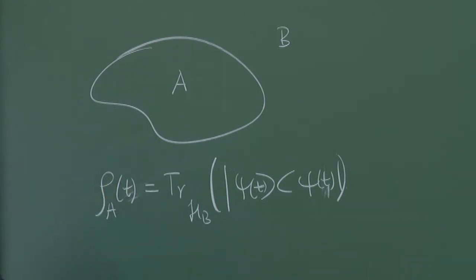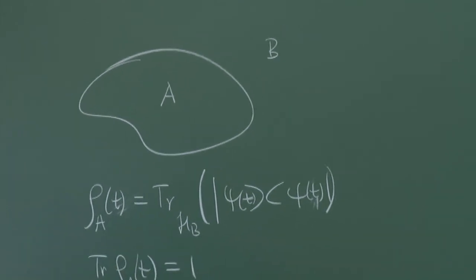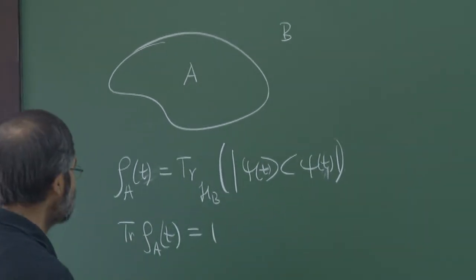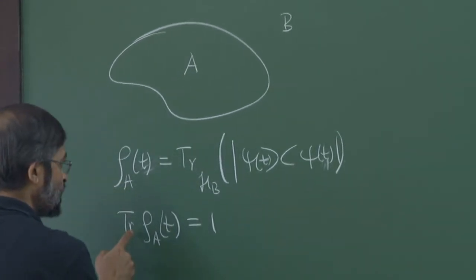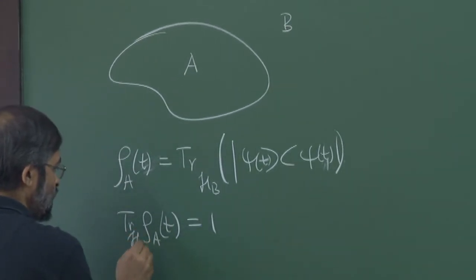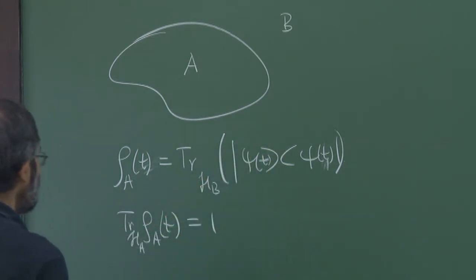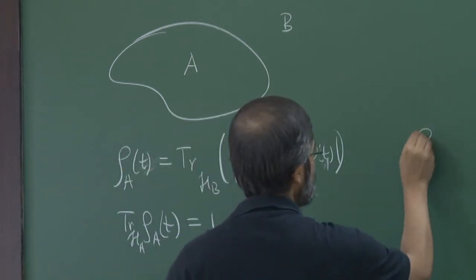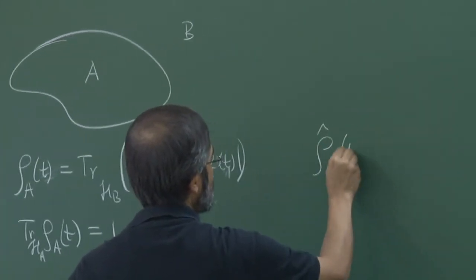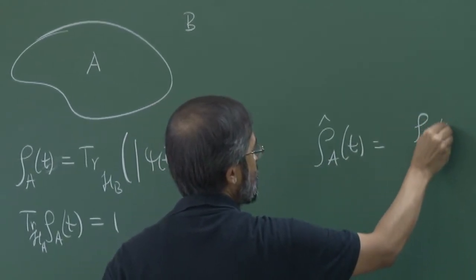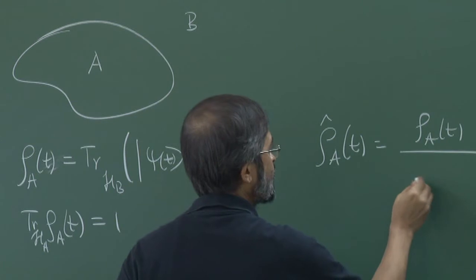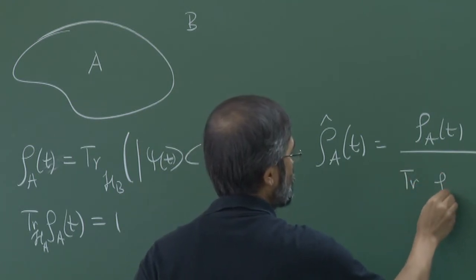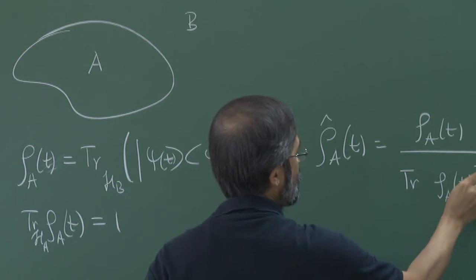Typically these states are normalized in such a way that this is equal to 1, but the trace here is over A. This is clear already from the definition, but I am going to introduce another notion which is a square normalized reduced density matrix, which is nothing but this divided by the square root of trace of rho A(t) whole square.